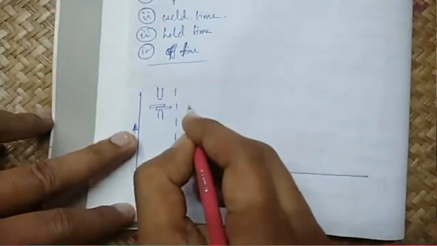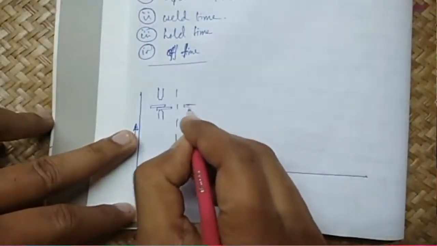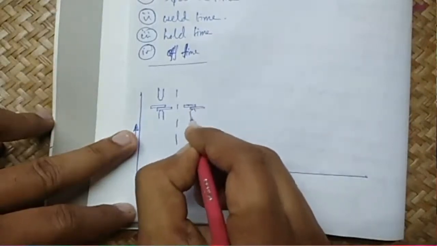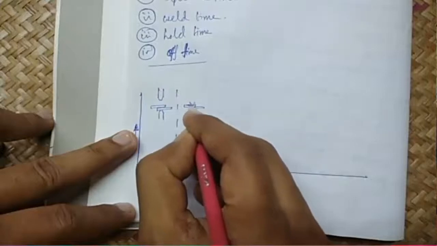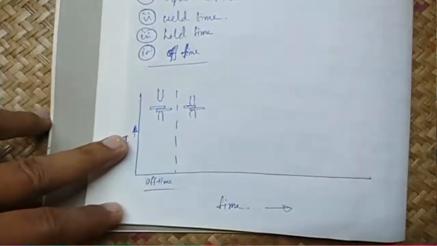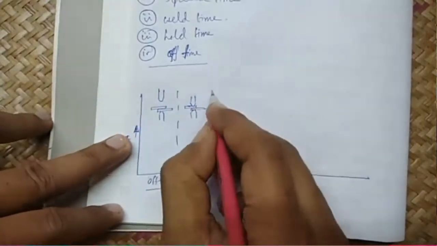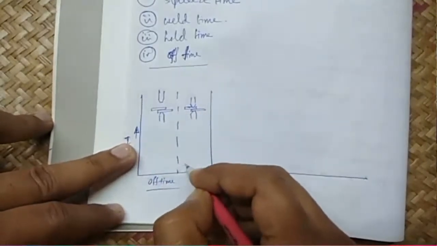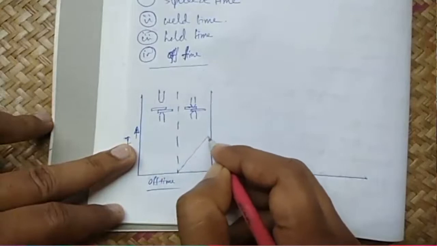Then, after the electrodes are touched, the pressure starts to build up. So pressure rises up to a certain value.